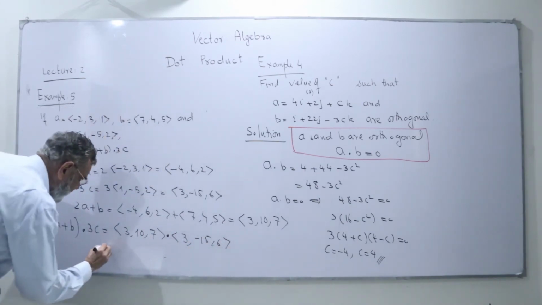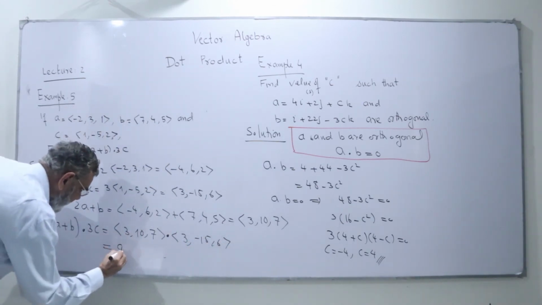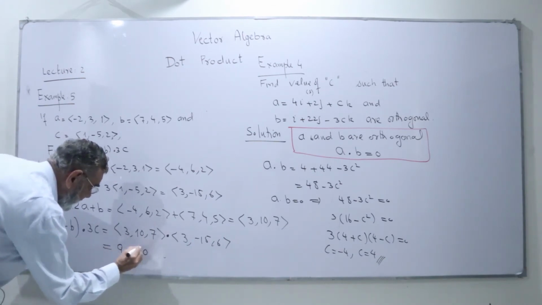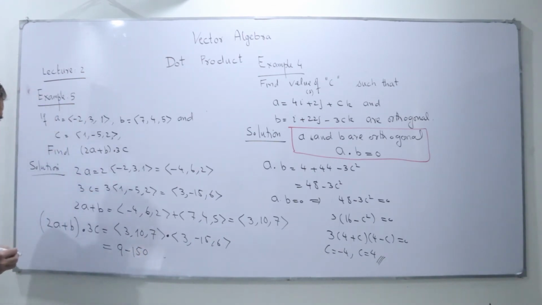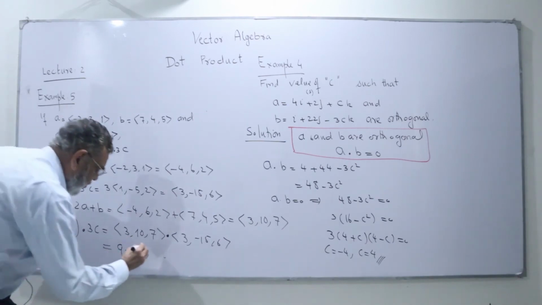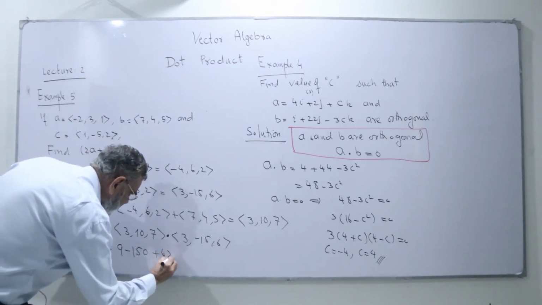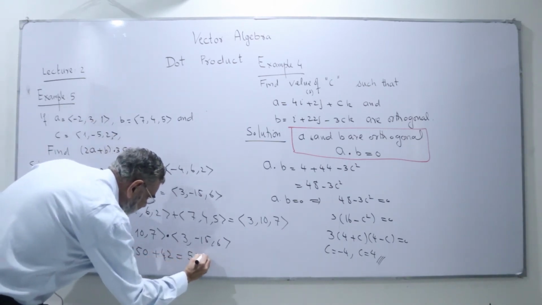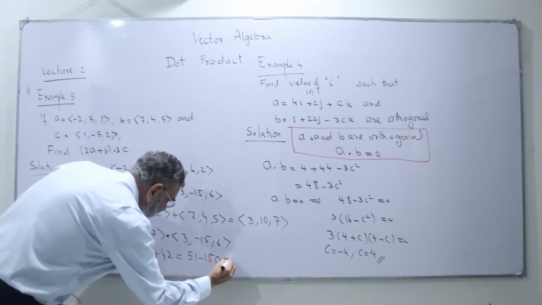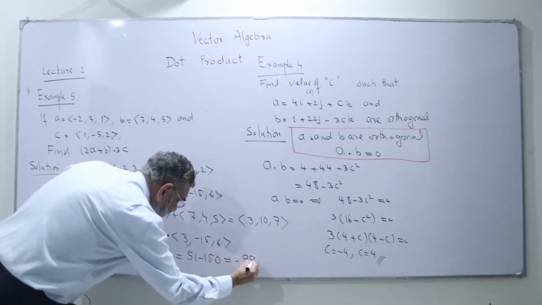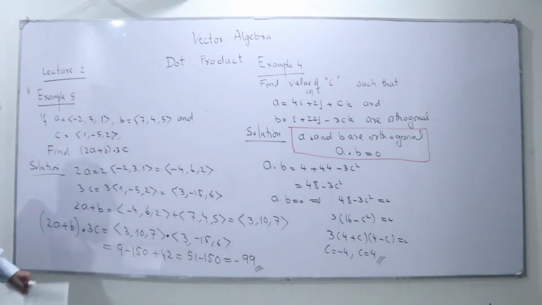We take the dot product. 3 into 3 is 9. 10 into minus 15 is minus 150. Then 7 multiplied by 6 is plus 42. So that gives me 51 minus 150. The result of this is a scalar, and that is minus 99.